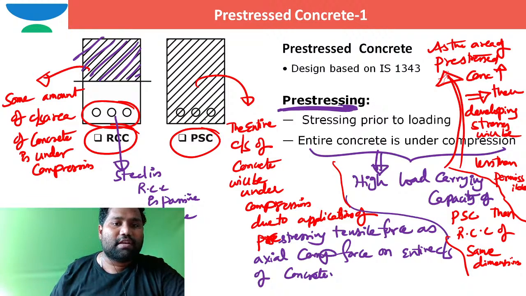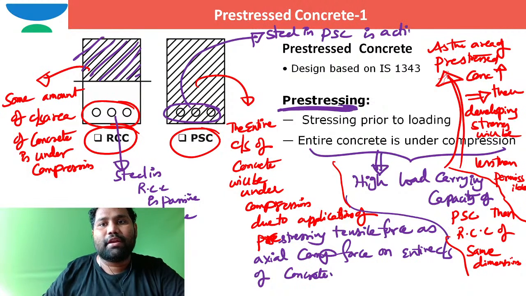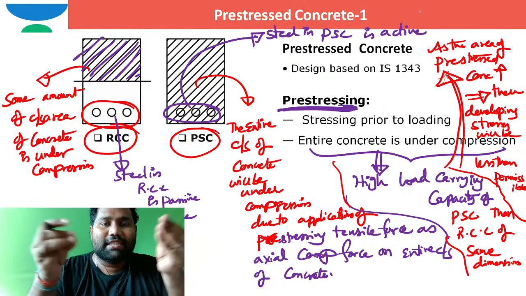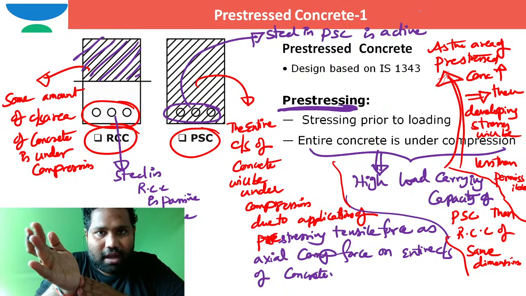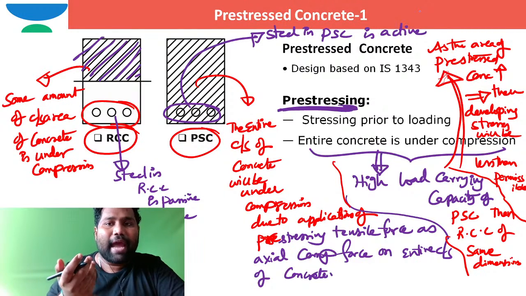But in case of pre-stressed concrete, the steel is active in nature. Why is it active, brother? The sense is very simple. Because of that tension steel, it is applying compressive force on the surrounding concrete, right? So that's the reason why it is active in nature.